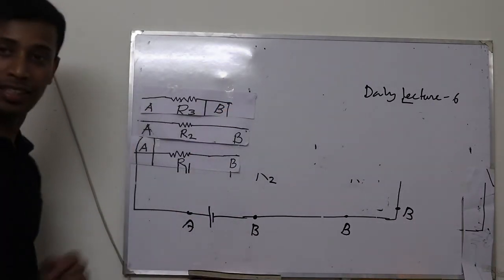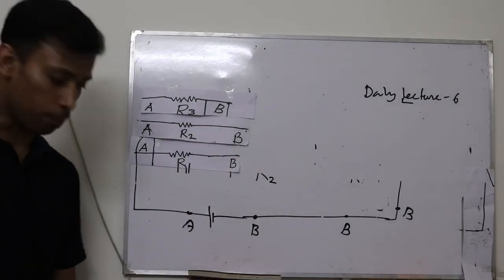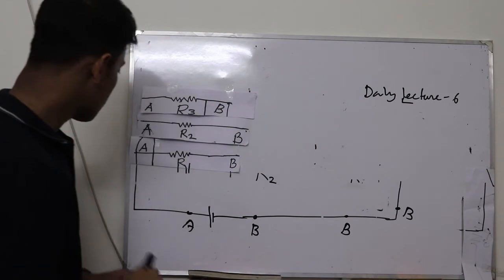So now look at this circuit. All A's are at the same point, all B's are at the same point.